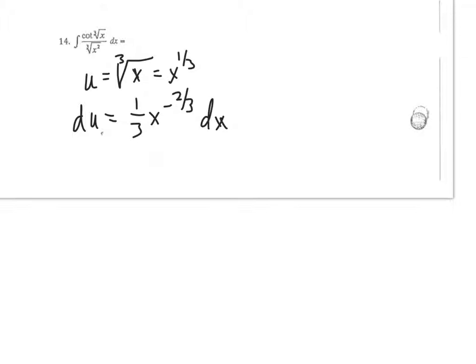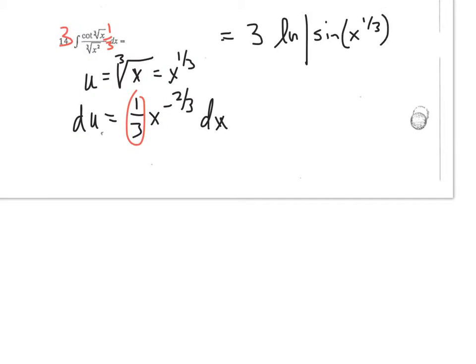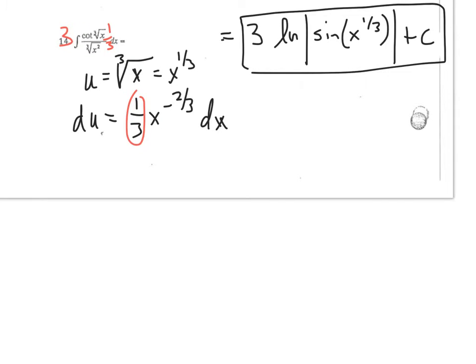It is, except for the 1/3. So we're feeling good about this. We've got to move the 1/3 in back here, and then a 3 out in front to balance that. And so you end up with integrating cotangent. Integrating cotangent, you get ln sine of the angle plus c. That's your final answer.